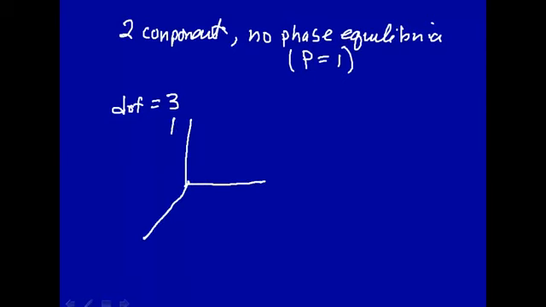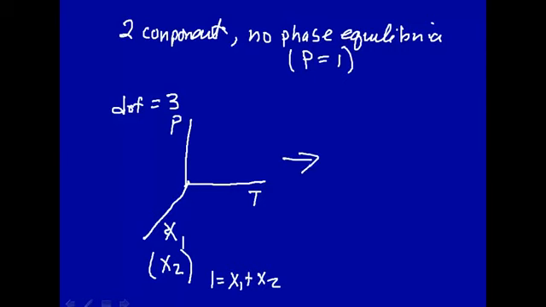So along one axis will be pressure, along the other axis will be temperature, but that third axis will be, say, mole fraction of the first component, or it could be mole fraction of the second component. You don't need a 4th axis because the mole fractions of the 2 components have to sum to 1. So in general, for 2 components, we need a 3-dimensional graph.